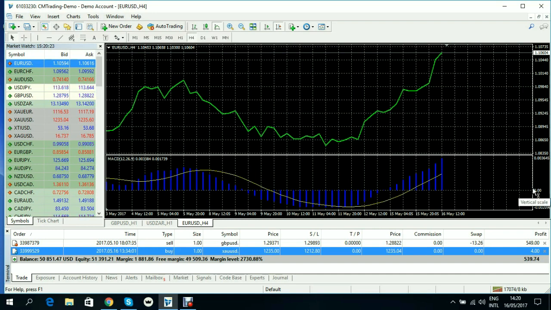There is a 0 zone here. Just look at the cursor. You can see this is the 0 zone, this horizontal line, from left to right.